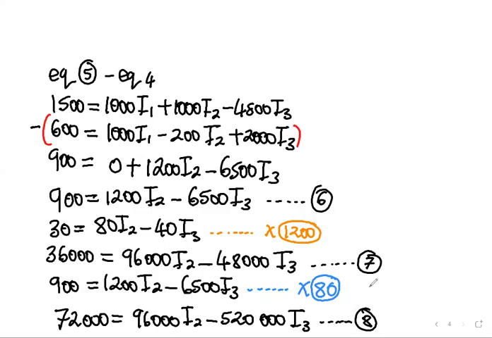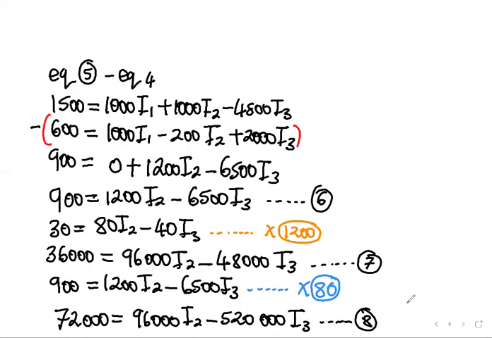And then after getting that equation, we are now going to subtract and say equation number 8 minus equation number 7. Now there is no need for you to write it like how I wrote it here, but if maybe you don't understand, you can also write it the way I wrote it here. So I was just doing it for the sake of you to understand.